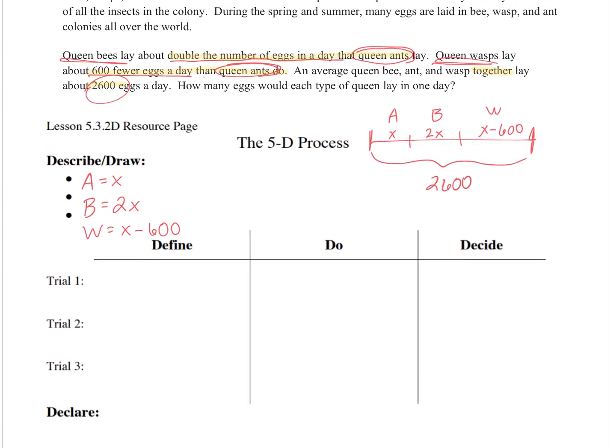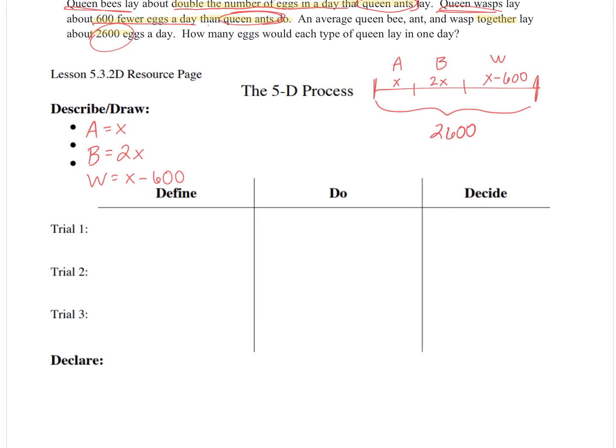Like I mentioned before, we are going to start with the number of eggs that a queen ant lays. So we're just plugging in a number for A, and then using that to find the information about B and W. I'm just going to say that A is 1,000. Let's just guess 1,000 and see where that takes us.